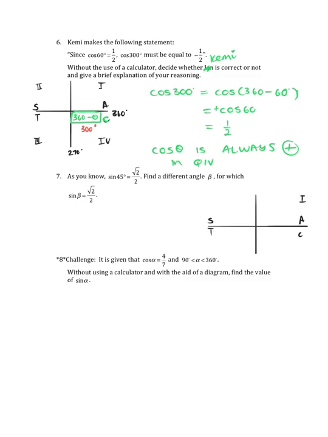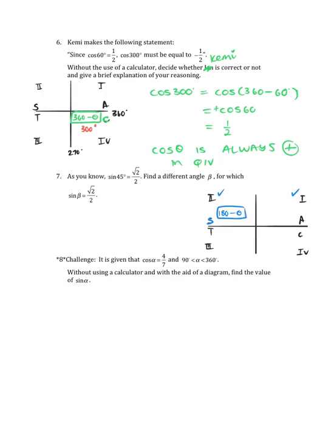In which two quadrants is sine positive? Well, in quadrant 1, obviously, the all quadrant, all my functions are positive, and in quadrant 2, because quadrant 2 is sine's quadrant. It's where it's positive. This is the 180 minus theta quadrant.